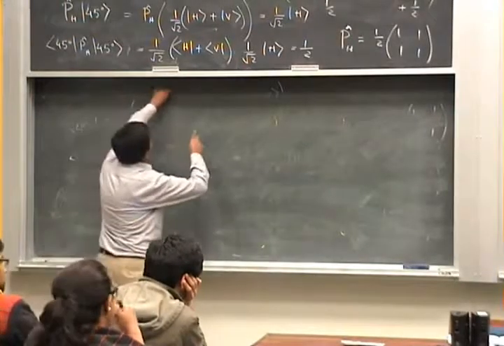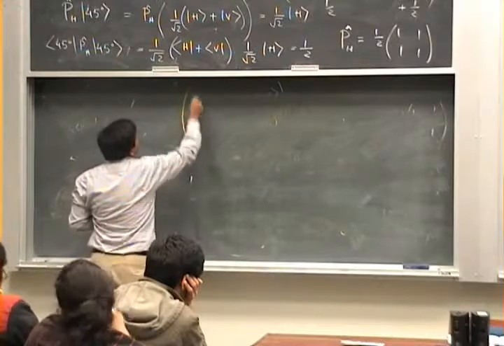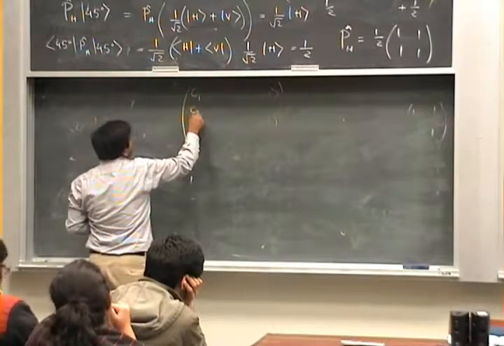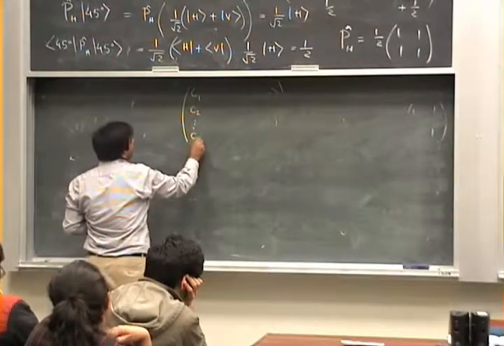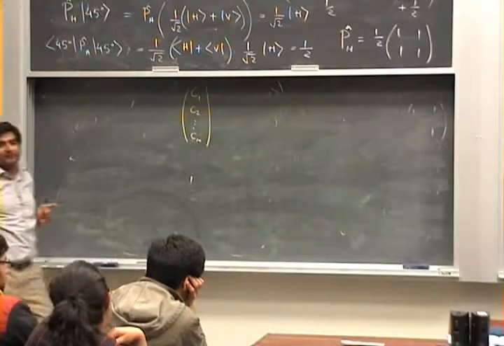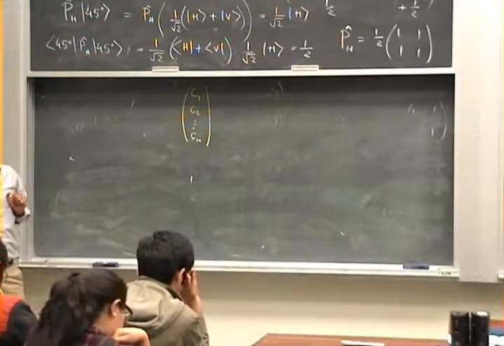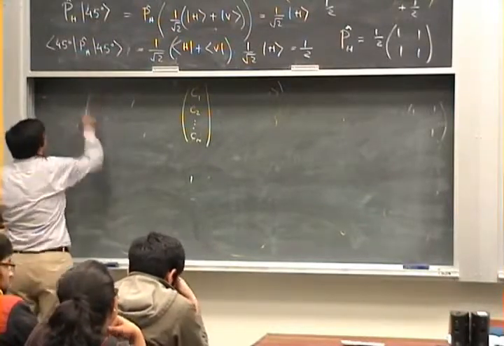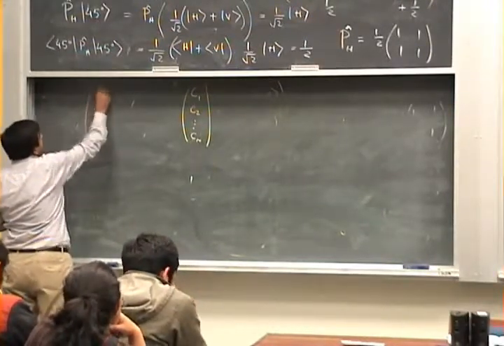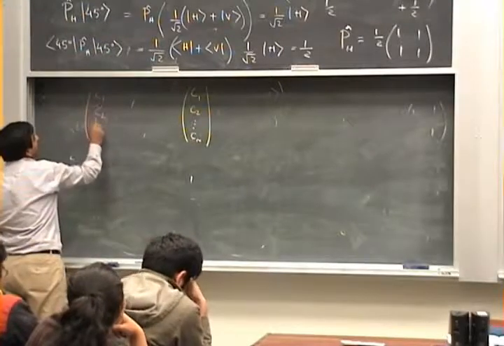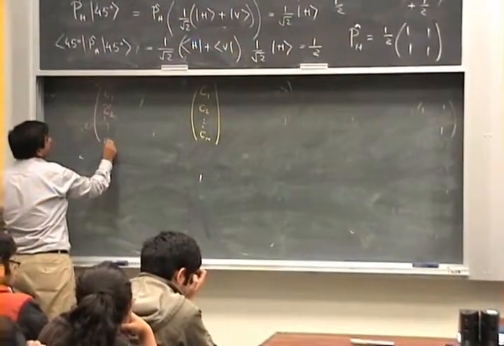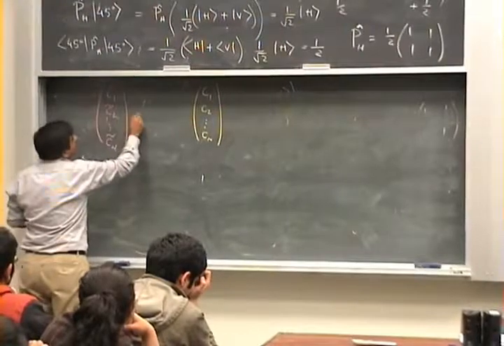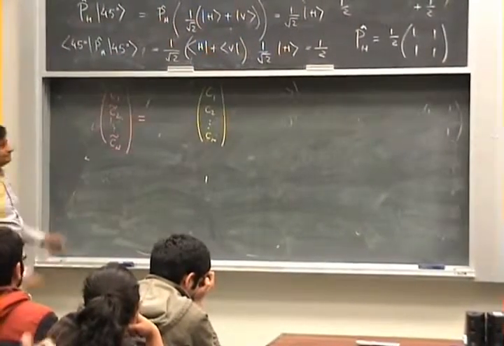So the state is written as C1, C2, all the way up to Cn in the old basis. Okay? In the new basis, the probability amplitudes are C1 tilde, C2 tilde, all the way up to Cn tilde, and in between we have a matrix. Okay?